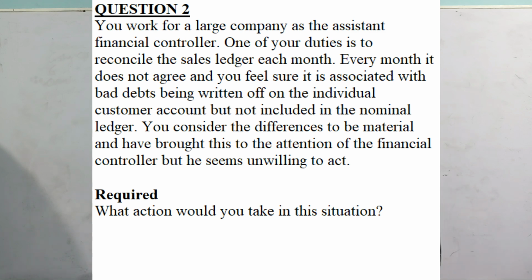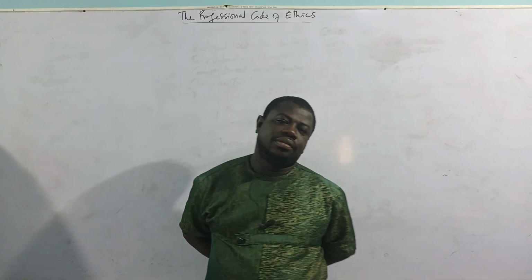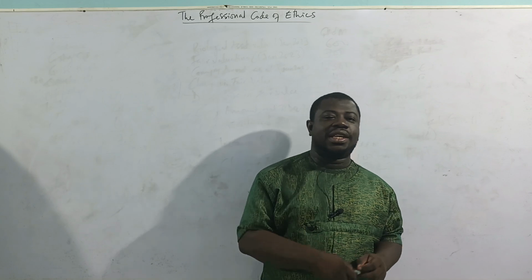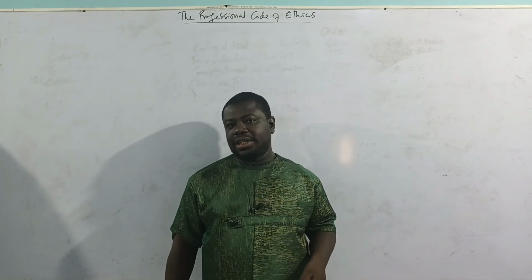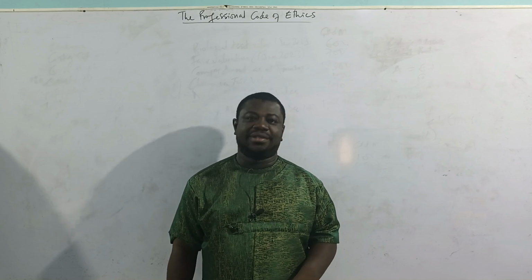You consider the differences to be material and have brought this to the attention of the financial controller, but he seems unwilling to act. Required: What action would you take in this situation? And this is a 5-mark question.